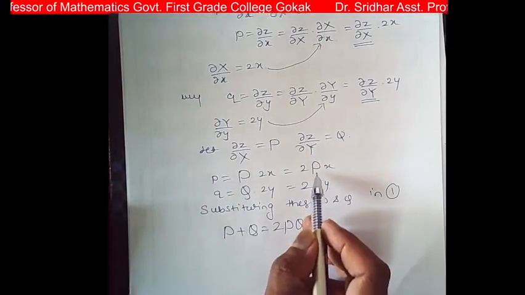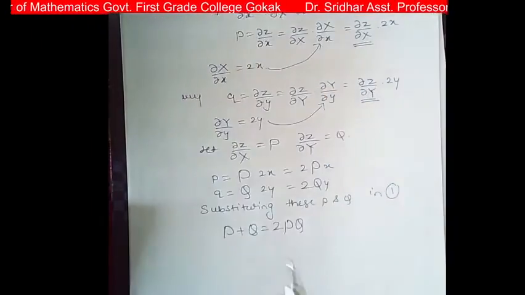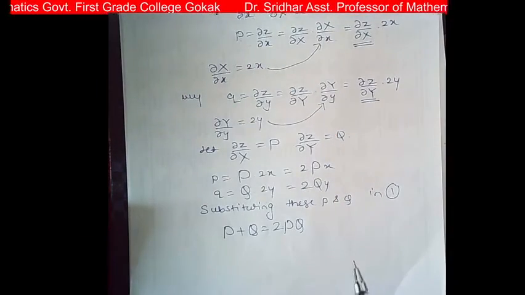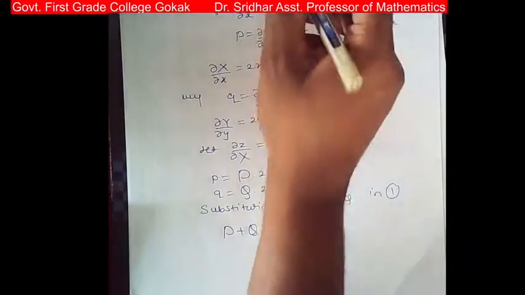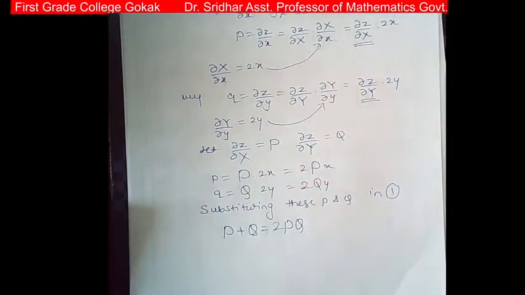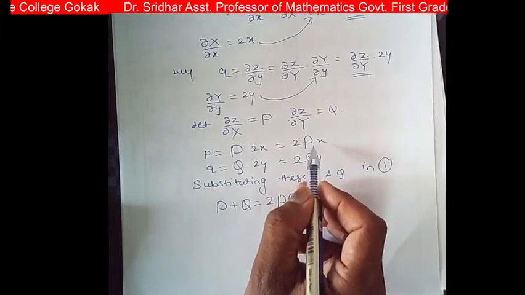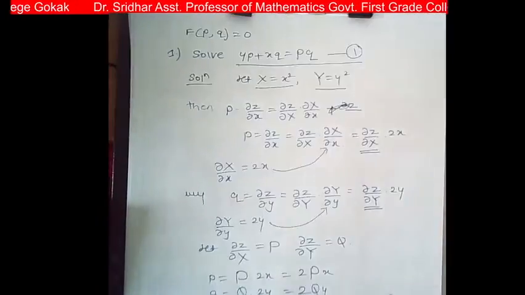So capital P means 2 into Px, Q means 2 into Qy. Just substitute. So P means 2Px. In equation 1 we substitute, that is here.